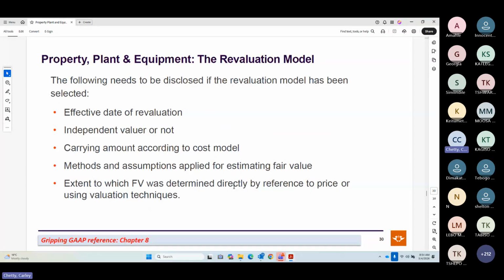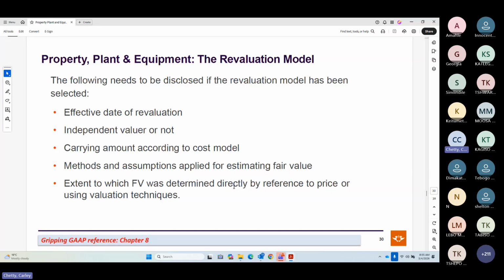So the following needs to be disclosed if the revaluation model has been selected. We'll need to disclose the effective date of the revaluation, what date the appraisal was done, and whether the appraiser was an independent valuer or not. Even though we are using the revaluation model, we will also have to disclose the carrying amount as if the cost model had been used. So we'll have the carrying amount under the revaluation model, and as a comparison, the carrying amount according to the cost model.